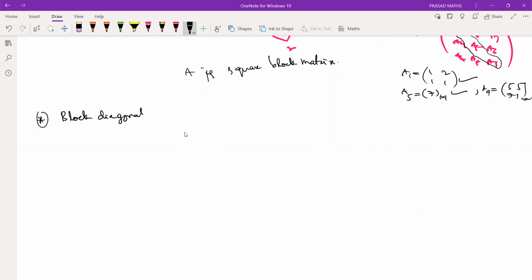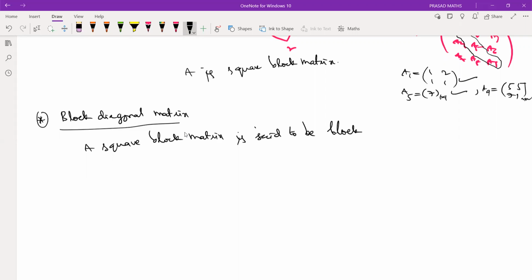These are very, very important block matrices. Block diagonal matrix means, same definition: a square block matrix is said to be block diagonal matrix if and only if all the non-diagonal blocks are zero matrices.